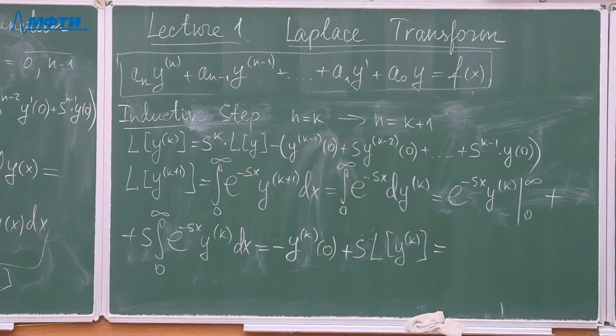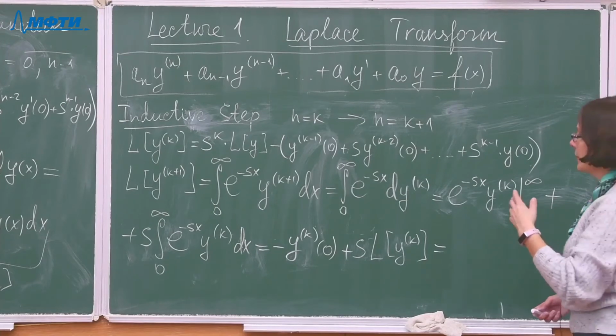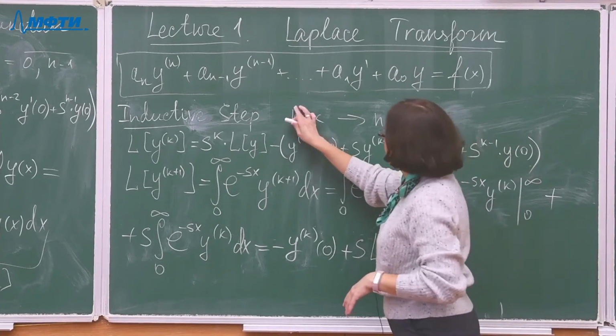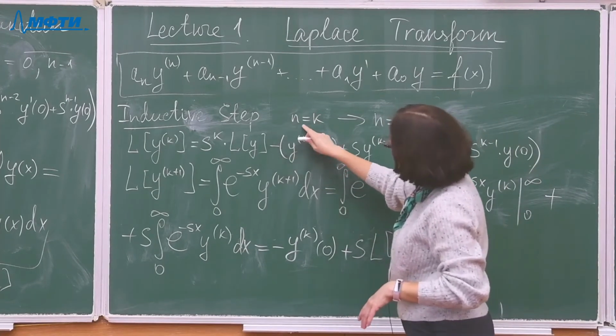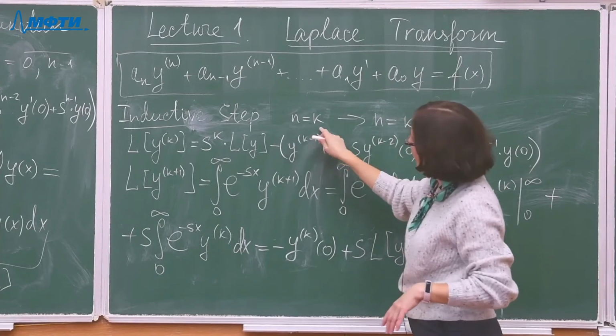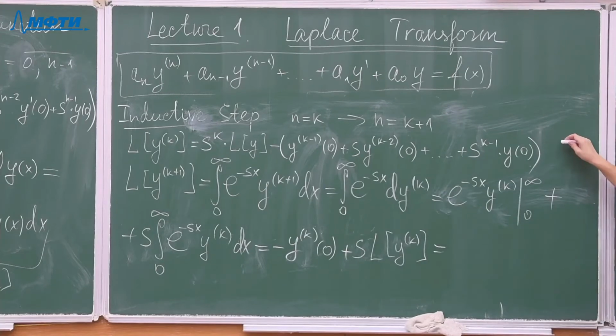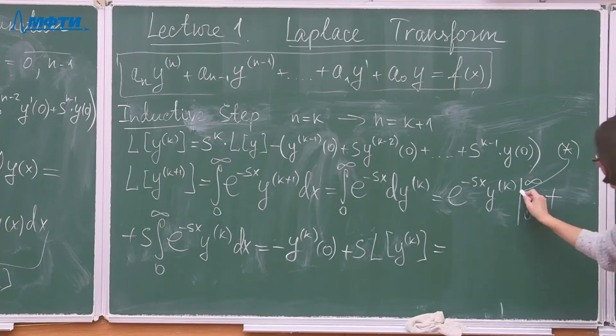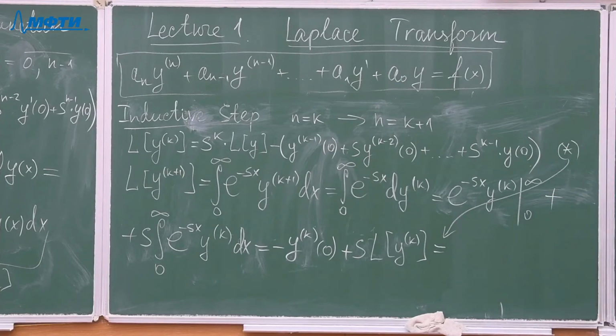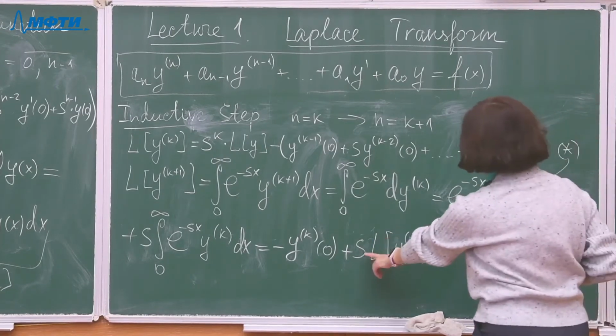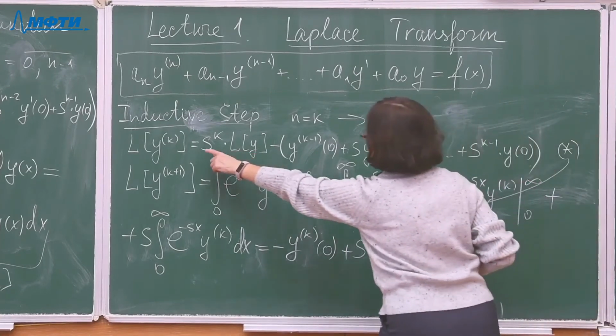And next we use the hypothesis. We assumed that the formula is true for n equals k, so we need to substitute this formula here, right? Let's substitute it. So L of y^(k) is this.